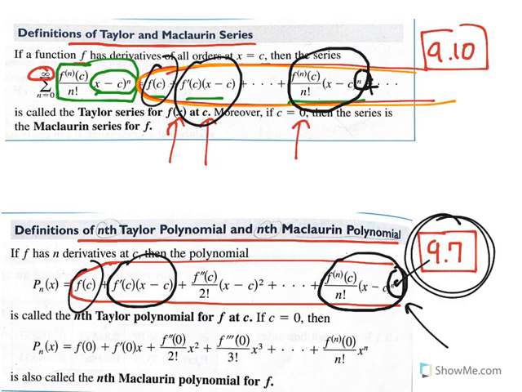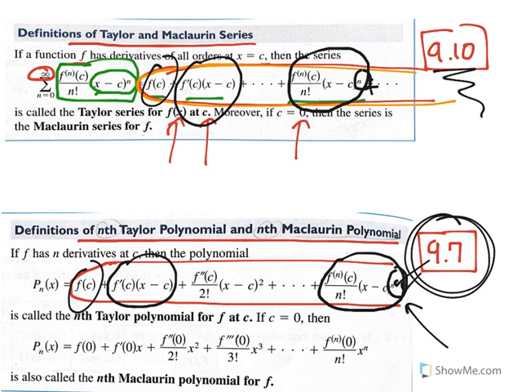We know that in 9.7, an nth degree Taylor polynomial approximated the function centered at c, and the higher the degree, the better the approximation. So our question in 9.10 is, if we have a Taylor series, will it represent the function from which the series was derived exactly on its interval of convergence? And we'll be looking at that tomorrow.